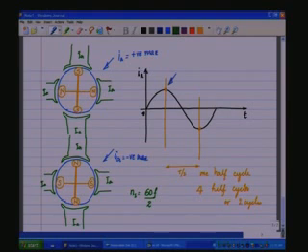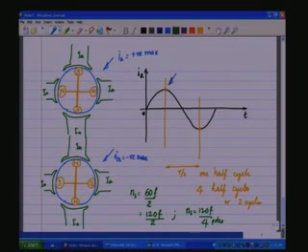Now if you want to express it in terms of number of poles rather than pole pairs, then you have to multiply this and this by 2, which means you are talking of 120 F by 2 poles in the earlier case, and in the case of this 4 pole machine, you have Ns equal to 120 F by 4 poles, and so on.